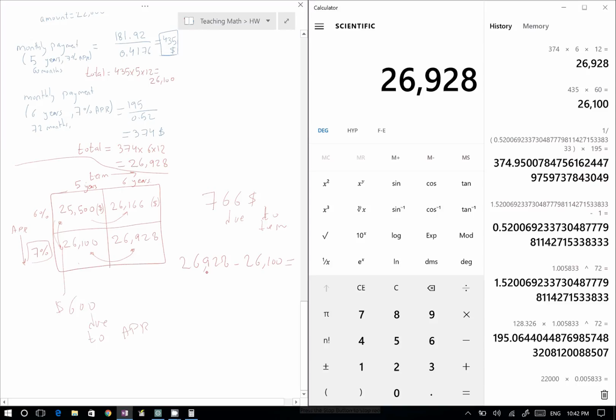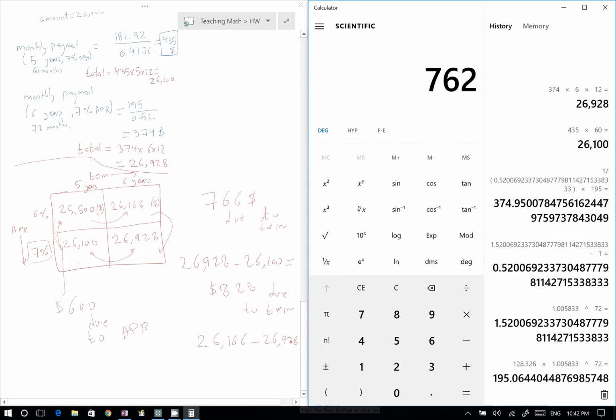That's equal to $828 due to term, whereas here 26,928 minus 26,166, 762 due to APR.